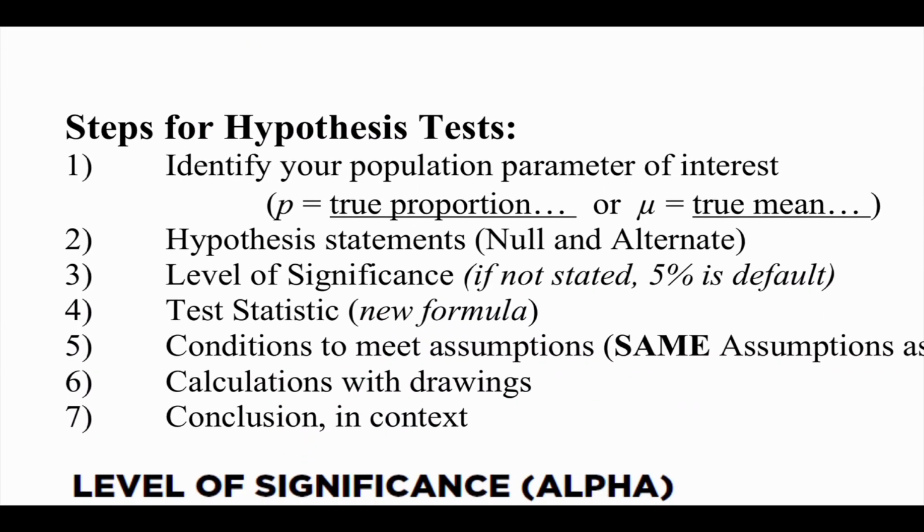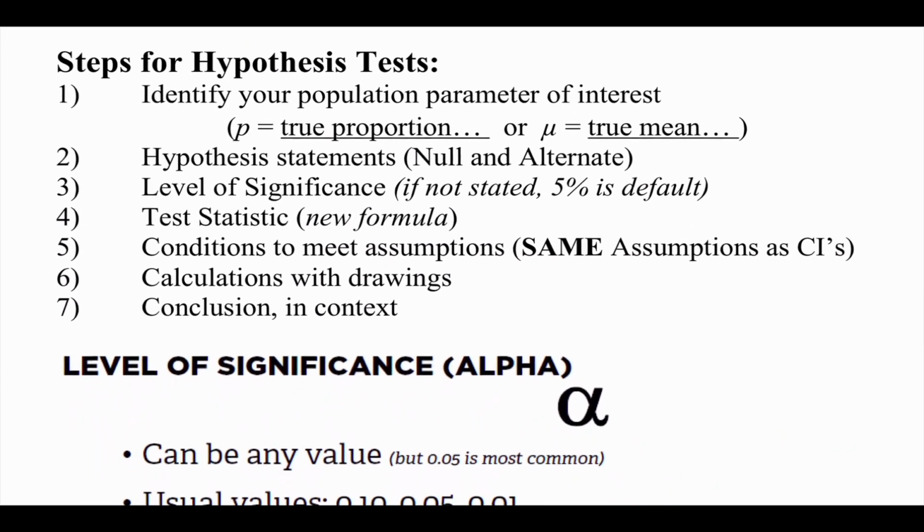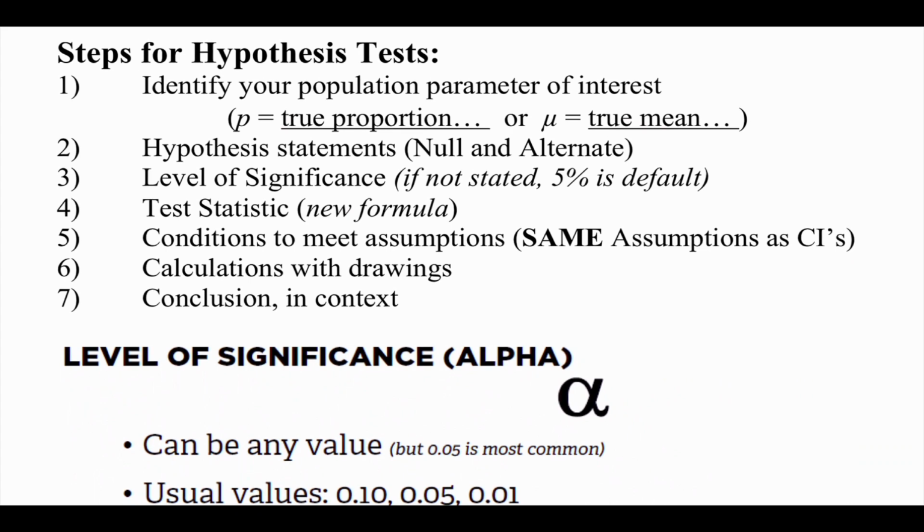All right. Here are our steps for hypothesis tests. We had 5 steps for a confidence interval. We're going to add 2 more steps. The two steps that we've never dealt with before are number 2 and number 3.